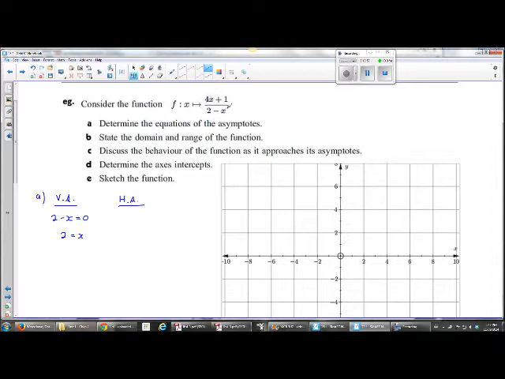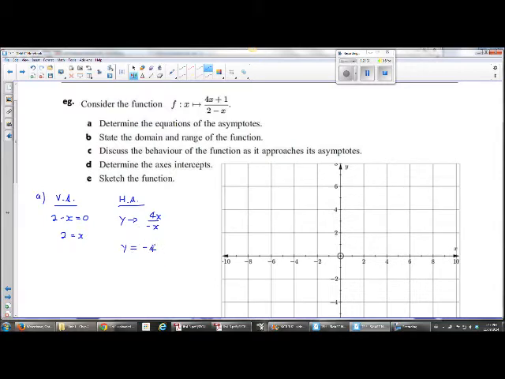So as x gets really huge, y is going to be approaching a value where we have 4x over negative x, because this positive 1 and this positive 2 won't make any difference to the outcome. So as x gets really big, the horizontal asymptote approaches negative 4. Or sorry, the horizontal asymptote would be y equals negative 4, because the graph is approaching negative 4 as x gets really big.